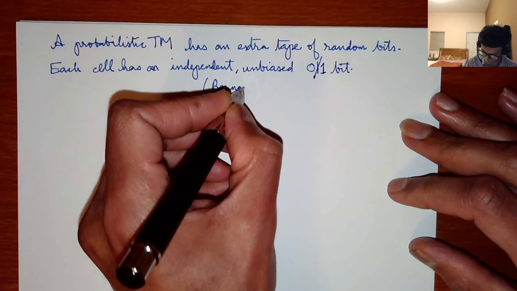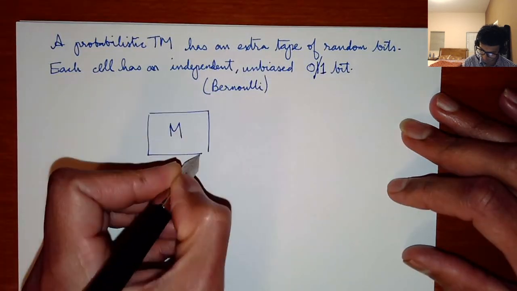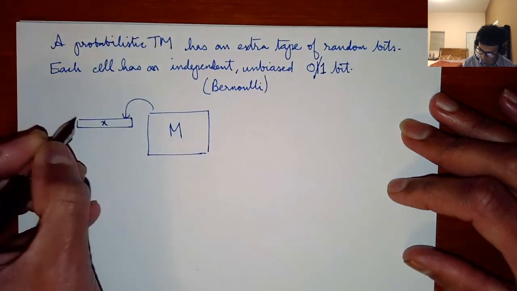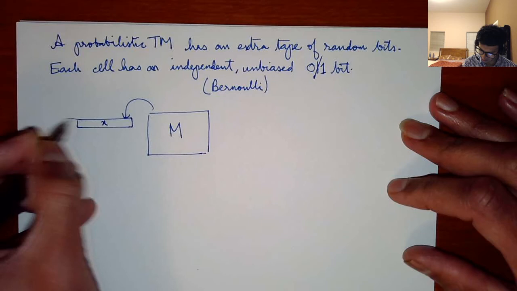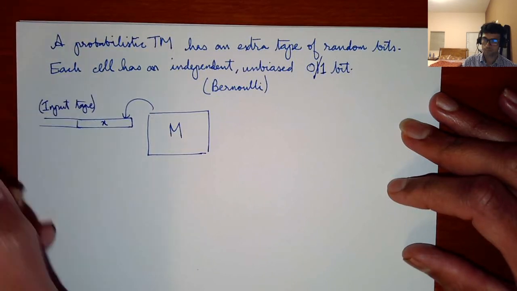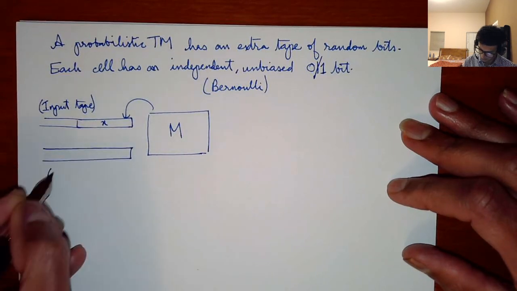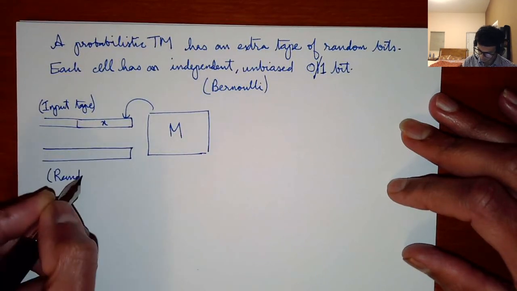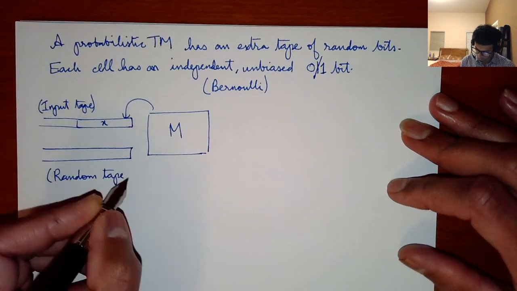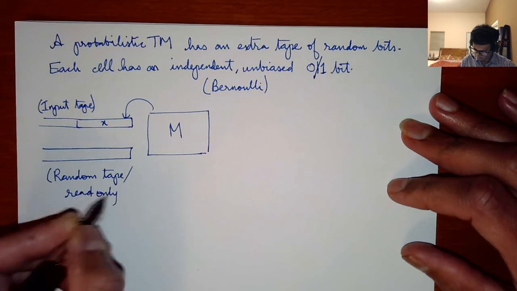So the way you should think of it is, here's your machine M. So this is X, and this is the usual input tape. This is the random tape. And it's convenient to think of the random tape as read-only.